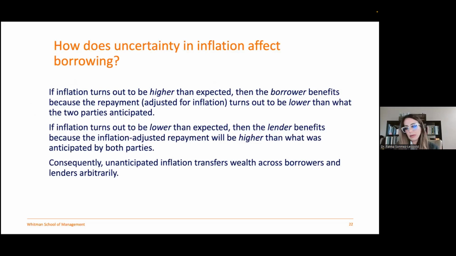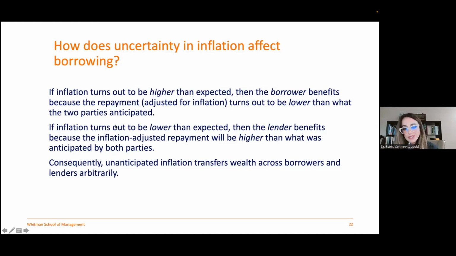So therefore, when you borrow, we need to take into account the uncertainty in inflation going forward. Because when we borrow towards the future, because we are going to pay it over time, we need to think about the expected inflation. So if you're a borrower and you borrowed, you're just saying, well, I'm borrowing, the inflation is going to be, say, 2%.